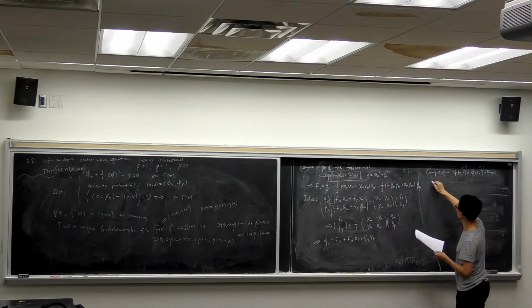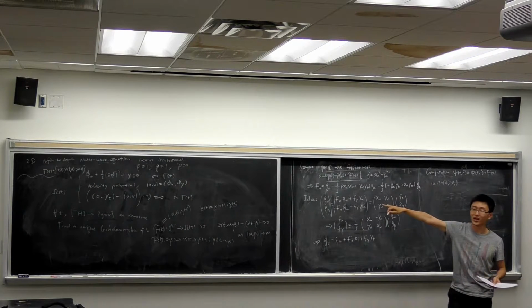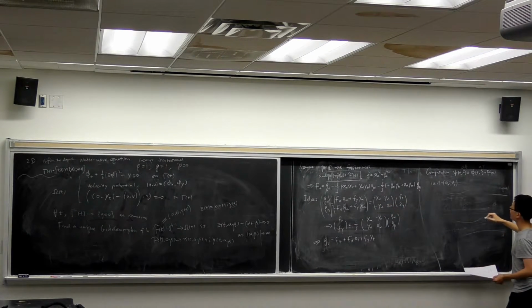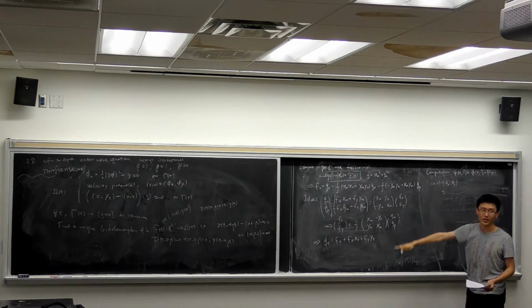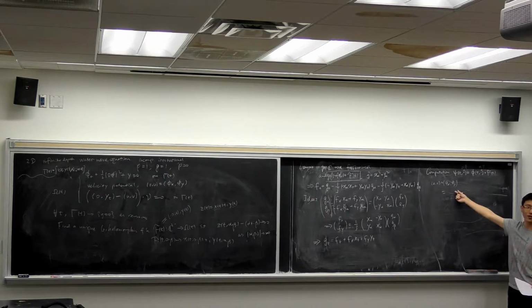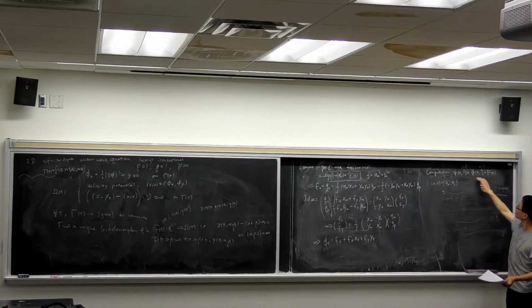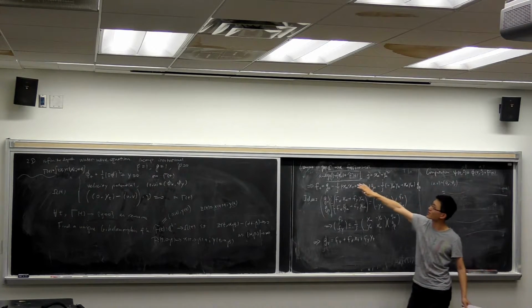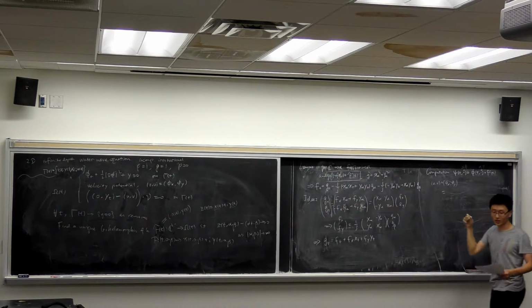Because (u, v) equals (phi_x, phi_y), this is from our equation there. You can use the lemma here to compute phi_x, phi_y, right? Because this is exactly the same as the identity we have in the lemma.